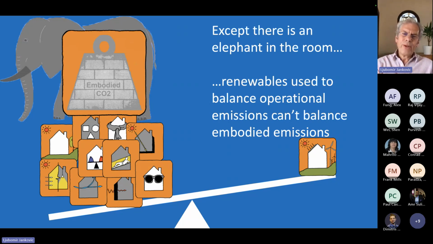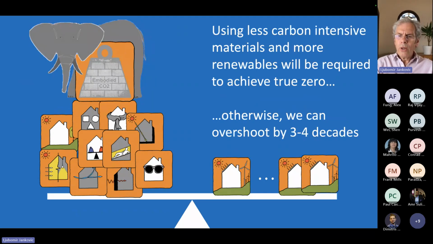There are embodied carbon emissions that we need to consider, and renewable energy used to balance operational emissions can't balance embodied emissions anymore. So we need to make the elephant smaller, so to speak, and put more renewable energy on the other side of the scale in order to achieve true zero.